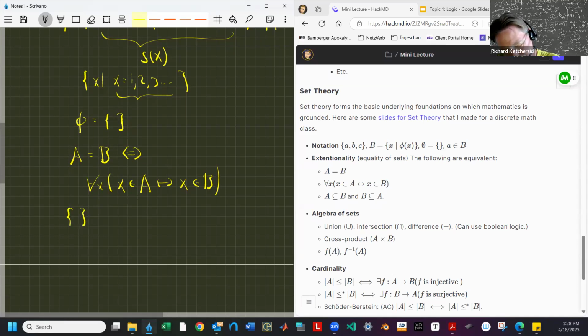The empty set is equal to the set of all x, y, z such that x cubed plus y cubed equals z cubed, where x, y, z is an element of Z plus, the positive integers.